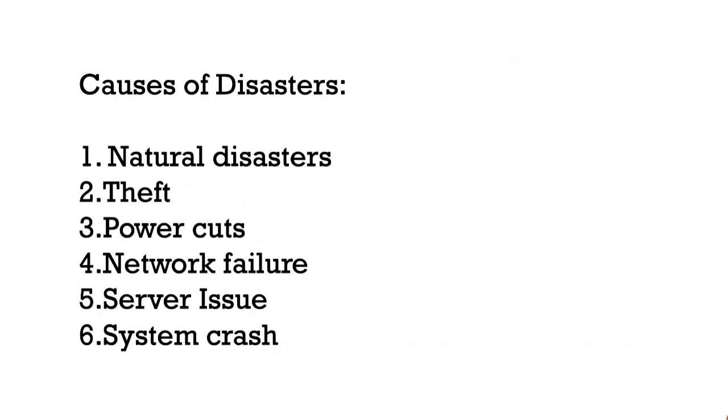So, let's understand some of the causes for disasters: natural disaster, theft, power cuts, network failure, server issue, system crash. Sometimes, because of heavy rain, you might face an issue like server down, and once it is back up, you should be able to access whatever information is needed through the server.